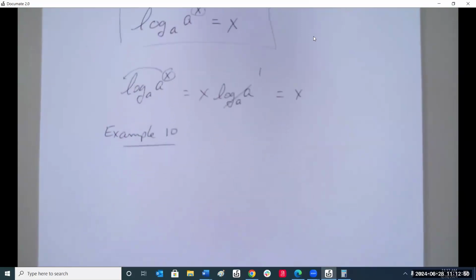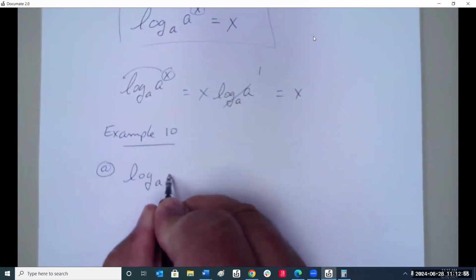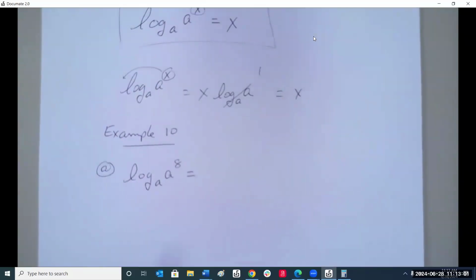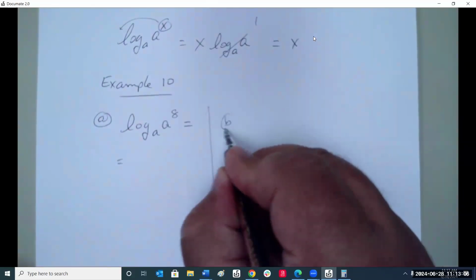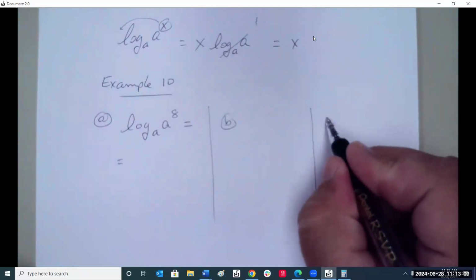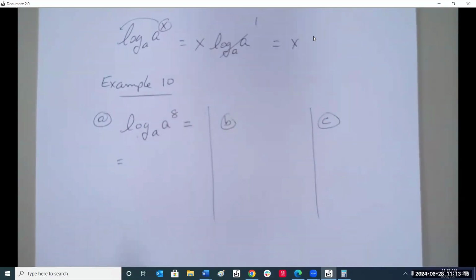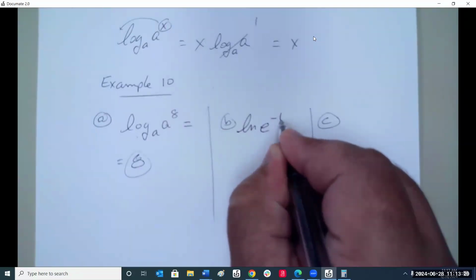Example 10. Log base A of A to the power 8 equals, so log base A of A to the power 8. What's the answer? 8. Very good. ln e to the power -1.